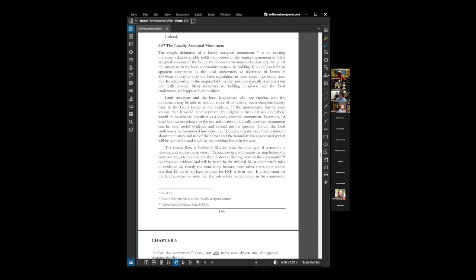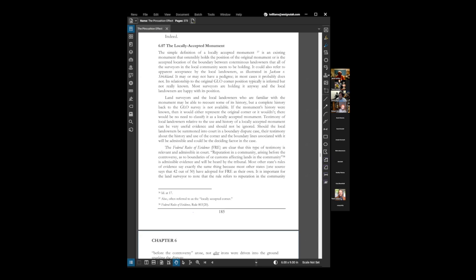Anytime that you have a controversy that winds up in litigation, one of the things that's going to weigh upon the evidence is whether that was something that took place, or your evidence predates any of the controversy about where the boundary line's at.